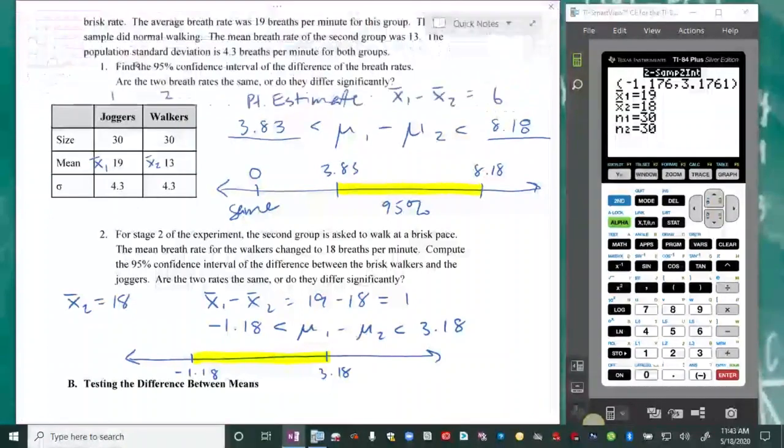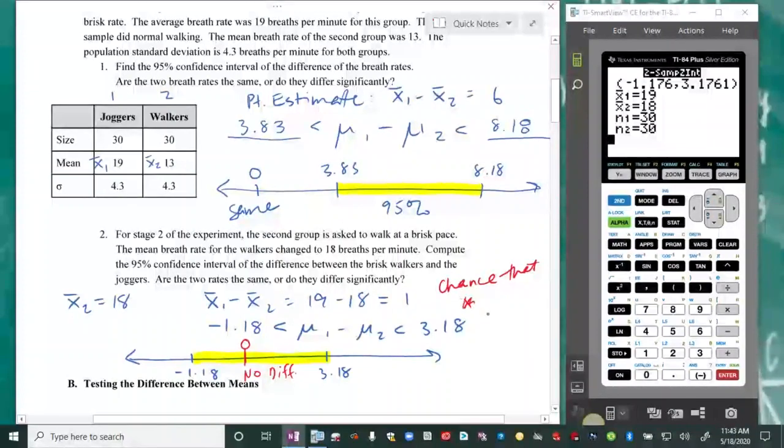In this case, I'm going to grab my red pen. In this case, 0 lives in the interval. 0 is where there's no difference. That's where the difference would be equal to 0. So there is a chance that these rates, let me do mu.